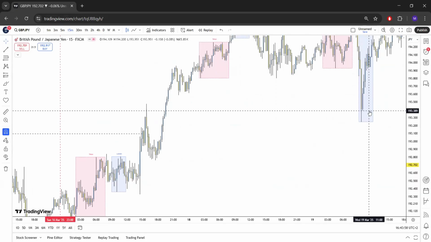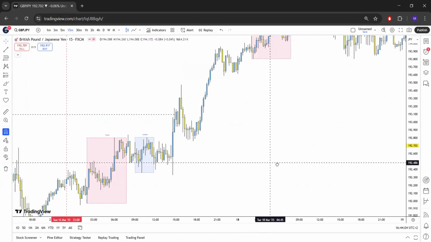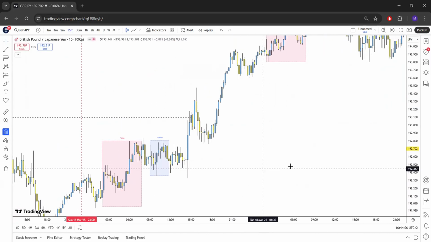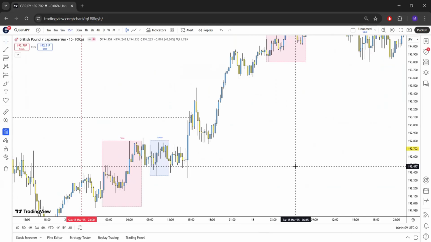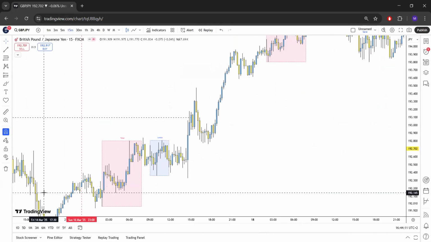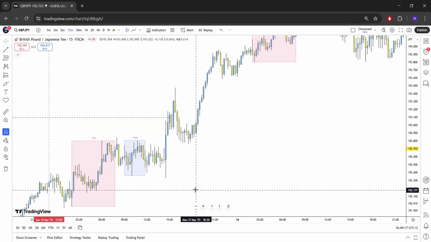Although I know the times of Asian and I know the times of London, because London, obviously, is my trading time, I know it by heart, but it gives me a clear view of what actually occurred in that session without me needing to go mark it on the chart. It doesn't mean I'm going to be using it as a trading tool at all. All it does is it's a visually appealing tool to clearly separate my trading times from what happened in the session before.